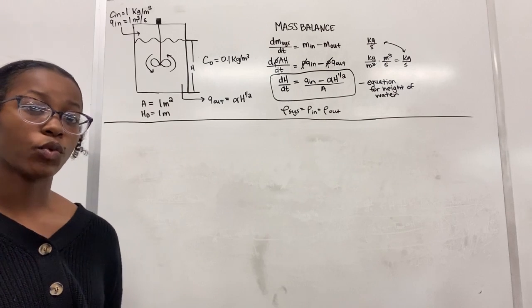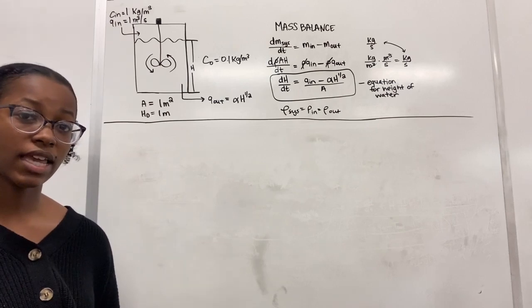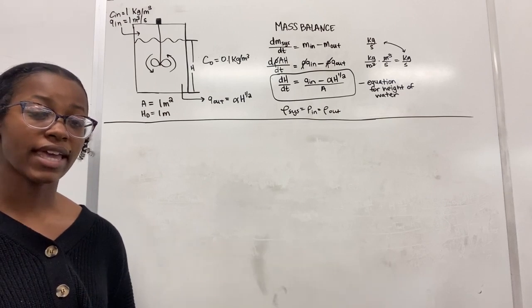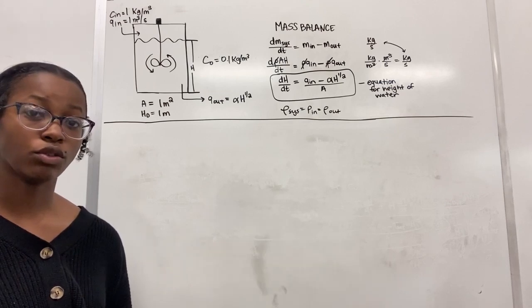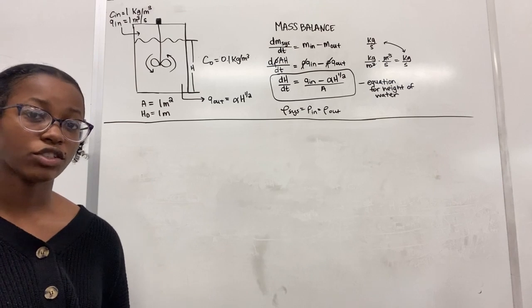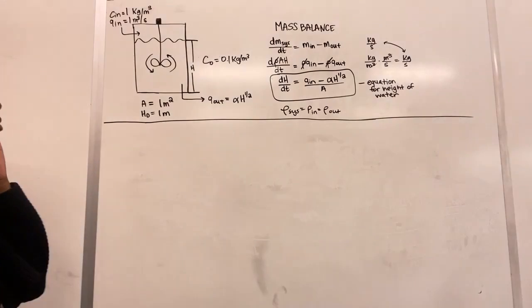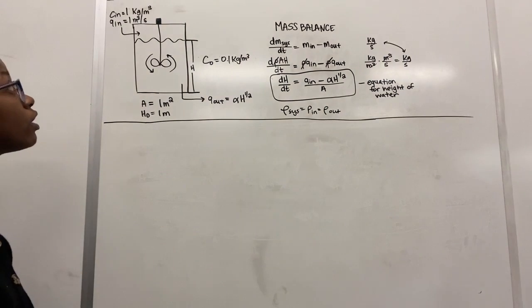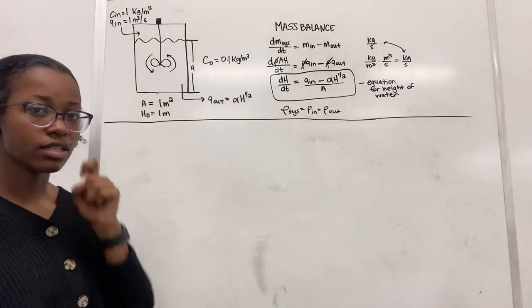So in part 2 of this problem, instead of solving for the change in the temperature of water and having warmer water coming into the tank, we're actually going to have water coming in that has a solute in it, and that solute has a concentration of 1 kilogram per cubic meter. So I've changed the temperature coming in to the concentration coming in and wrote the appropriate value in units.